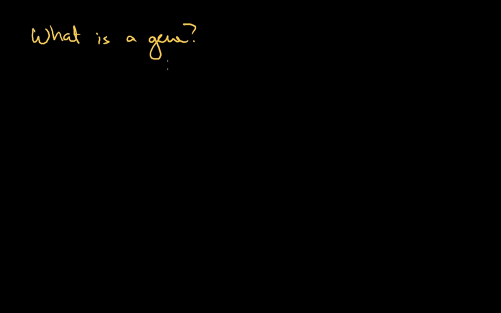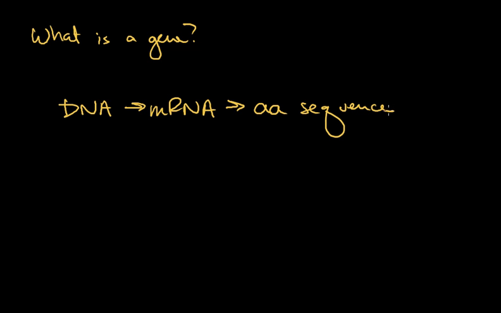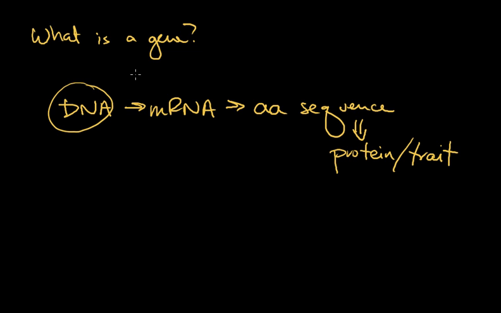So a gene is basically a section of DNA. It's a section of DNA that codes for mRNA, that codes for an amino acid sequence, which is a protein or a trait. And really this DNA comes to you from your parents.